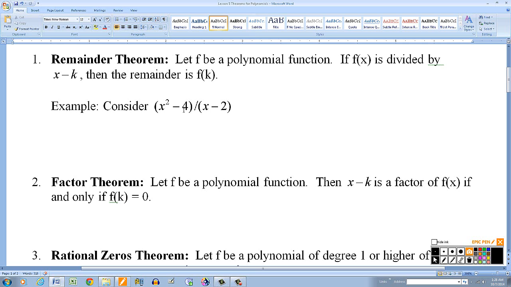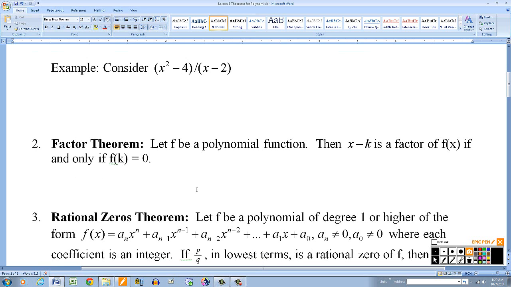So according to the theorem, if you wanted to find the possible rational zeros, you would take the factors of the constant term: the factors of negative 4 would be plus or minus 1, plus or minus 2, plus or minus 4, and the factors of the lead term would be plus or minus 1. So basically you divide each of those factors into the factors of the constant term, and you would get plus or minus 1, plus or minus 2, plus or minus 4.